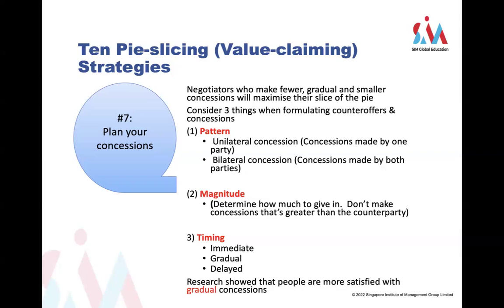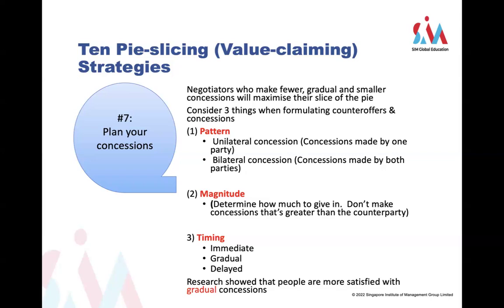Okay, it should match what the other party is offering. Because if you are more generous, you end up with little profit for yourself. Okay, magnitude of concession. If the other party is giving a 5% discount, there is no reason why you should be giving a 10% discount or a 15% discount. It doesn't make sense because the more discount you give, the less profit you have in return.